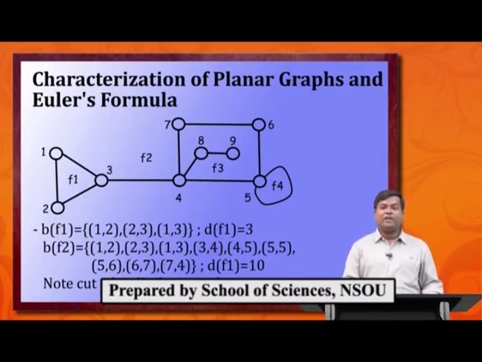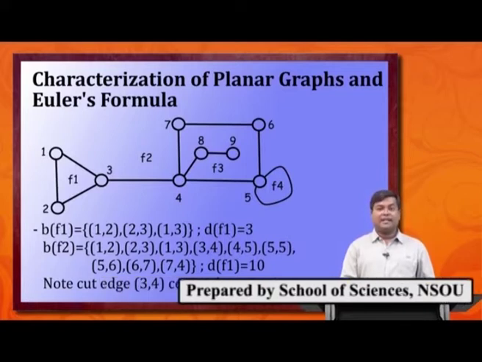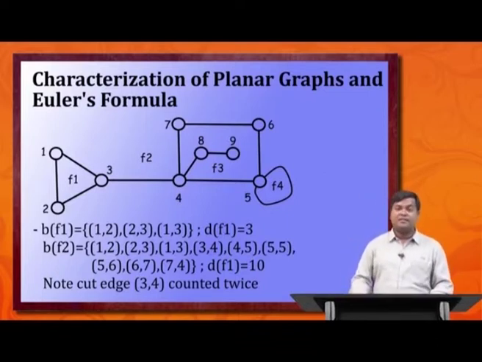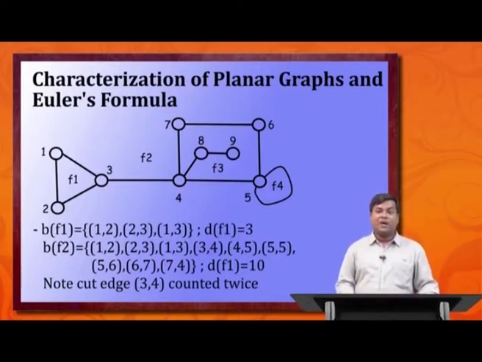So the boundary of f1 contains 3 edges, and the degree of f1 is the number of edges counting cut edges twice. Since in f1 there is no cut edge, the degree of f1 is also 3.